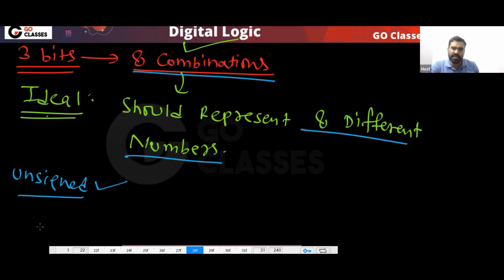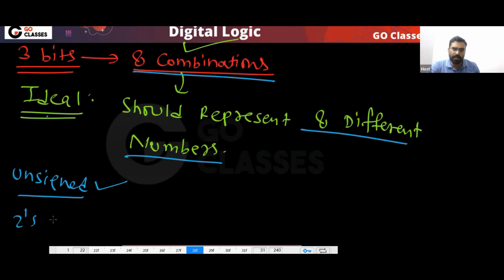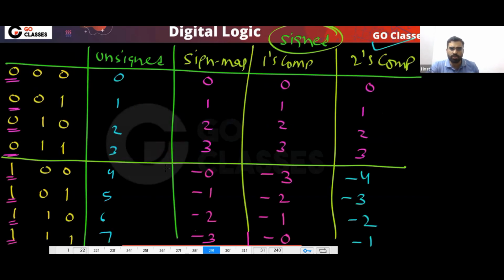I can say all the 8 combinations are representing 8 different numbers. Similarly, in 2's complement this is also happening. You can notice in 2's complement 0, 1, 2, 3, minus 1, minus 2, minus 3, minus 4. So 8 different numbers are represented.